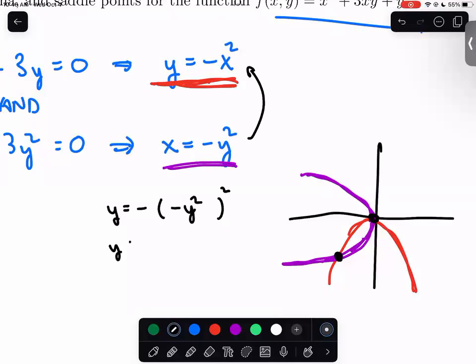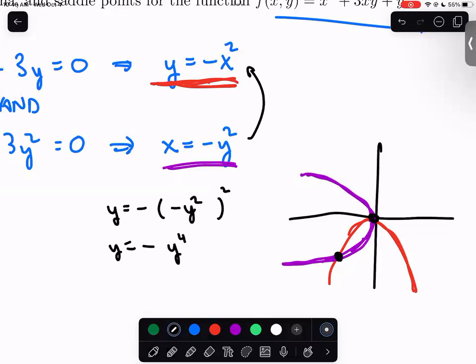So this would be the same thing as y is equal to negative, and if I take a negative and square it, it becomes positive, and if I take y squared and square it, it becomes y to the fourth. So at this point, I'm trying to solve this algebraic equation.